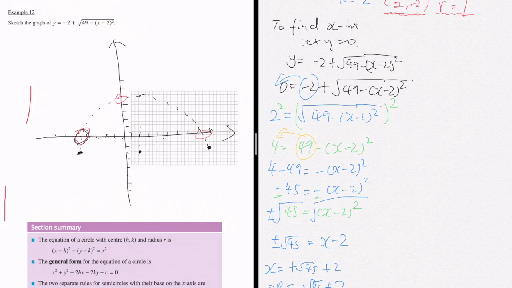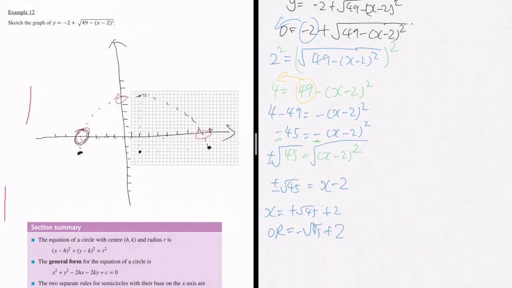This is my x-intercept. If I put it in the calculator, the square root of 45 plus 2 is roughly equal to 8.71, and negative square root of 45 plus 2 is roughly equal to negative 4.7.